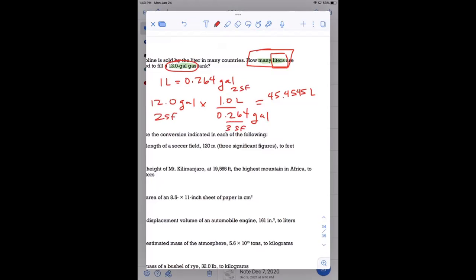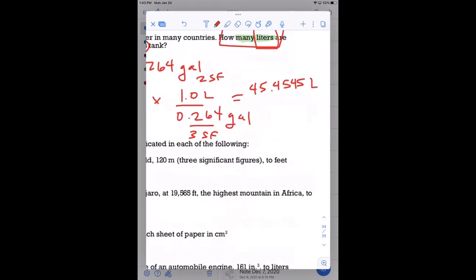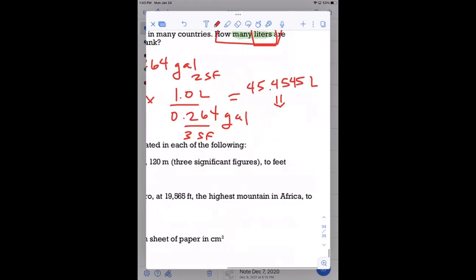Is that right? Because it's multiplication and division, it's the lowest number. So let's take this down to 2 sig figs. What do I do? This is going to be 45.45. 45.455, is that right? Because this number is going to cause that to round up.